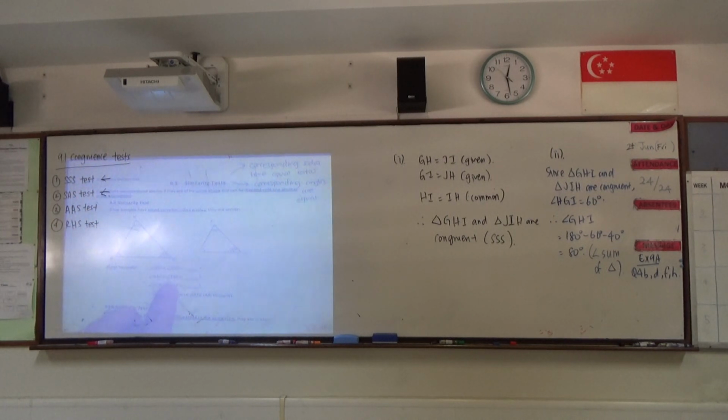As long as you have 2 pairs of equal corresponding angles, it will be sufficient to prove that they are similar.